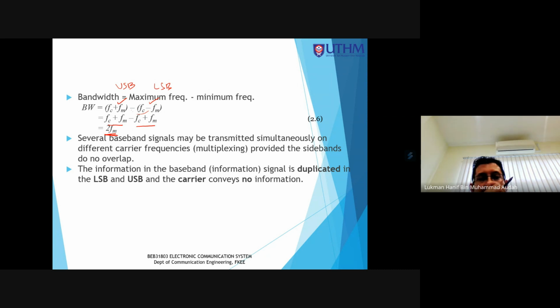It says here that several baseband signals might be transmitted simultaneously on different carrier frequencies, which is multiplexing, providing the sidebands do not overlap. The information in the baseband information signal is duplicated in the LSB and USB. The carrier conveys no information.